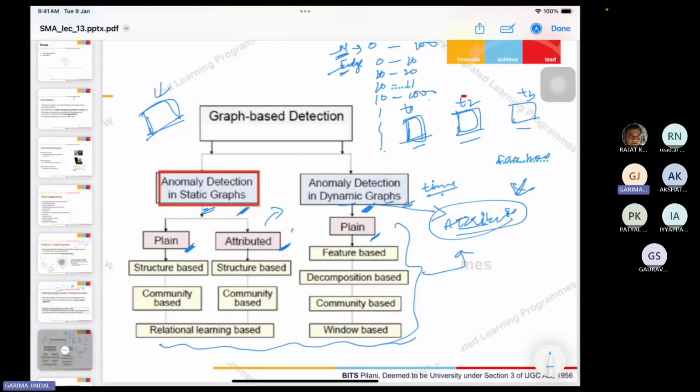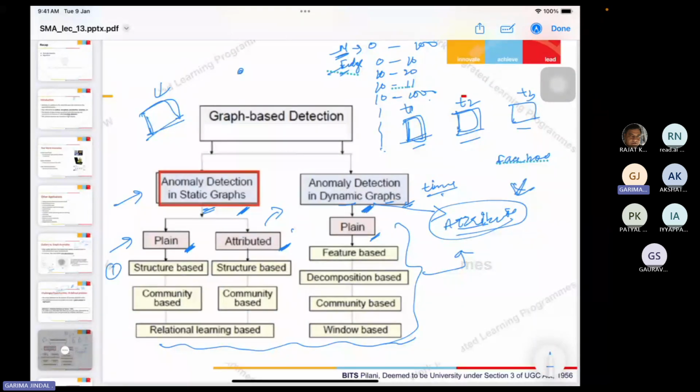Now after considering the type of graphs and the attributed and plain graphs, next we need to consider what the different properties are that need to be considered when we are detecting anomalous behavior. Firstly, we need to consider the structure.